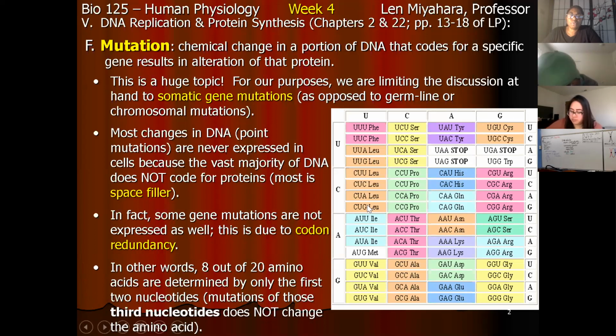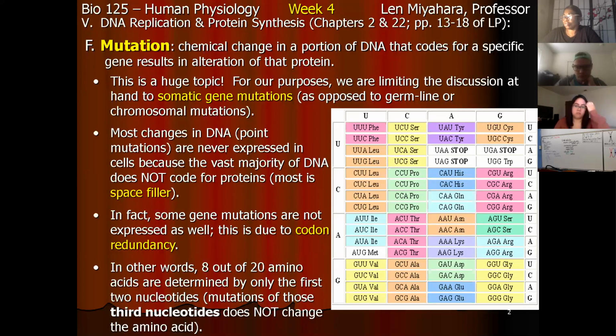Things like leucine and proline and arginine are actually coded by only the first two nucleotides. If the first two nucleotides are CU, it doesn't matter what the third nucleotide is, it's going to code for leucine. If the first two nucleotides are CC, it doesn't matter what the third is, it's going to be proline.